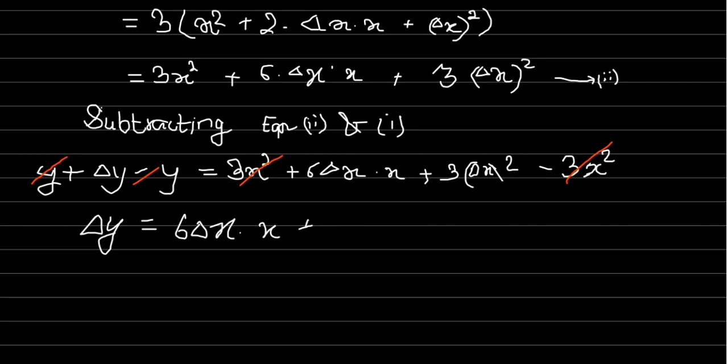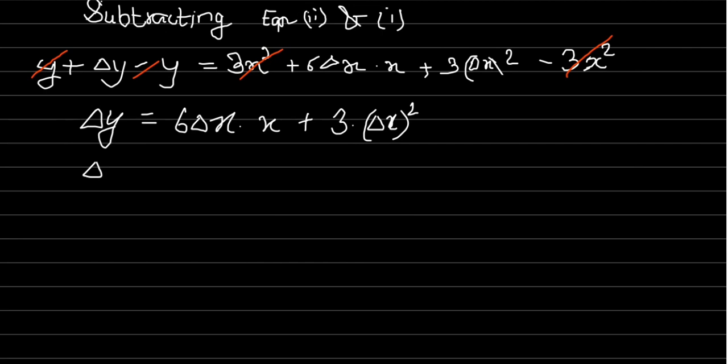We can take delta x common: delta y equals delta x times 6x plus 3 delta x.